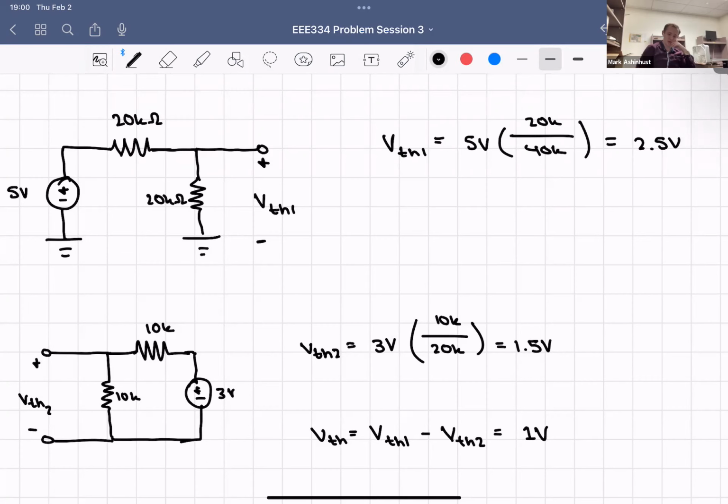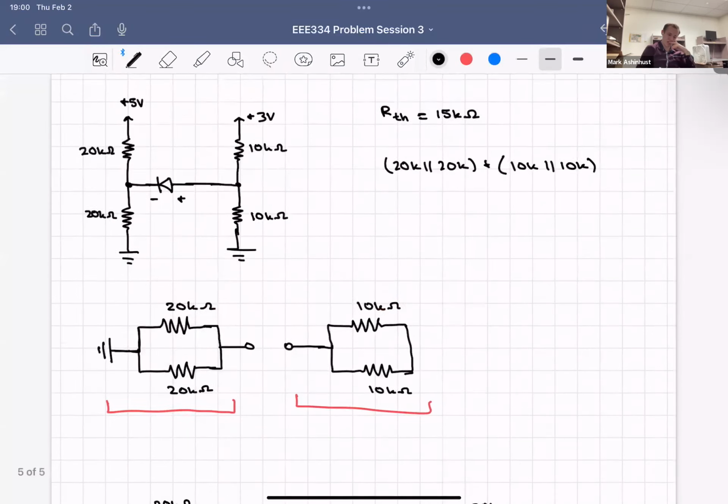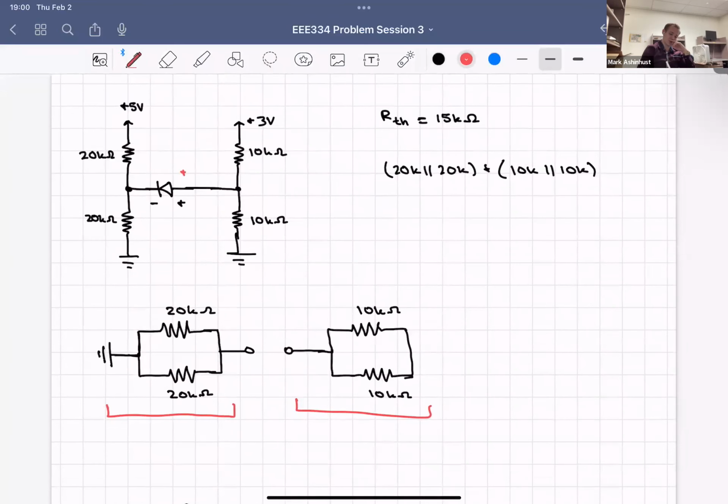And now we want the voltage across the original diode.